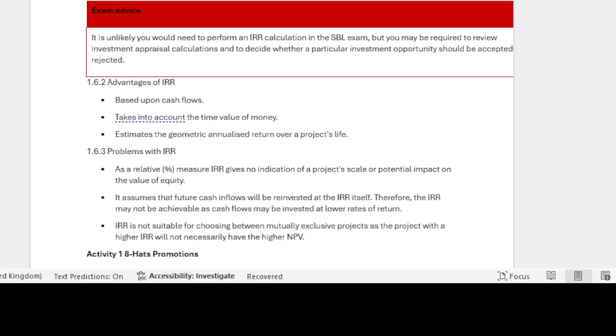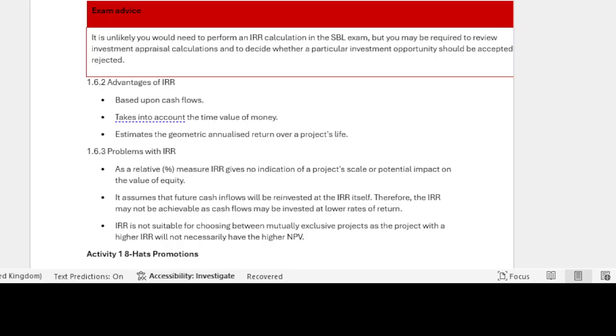However, there are some challenges that we also get from IRR, like any other method of making investment decisions. One of them is that it assumes future cash inflows, which may not be actual.